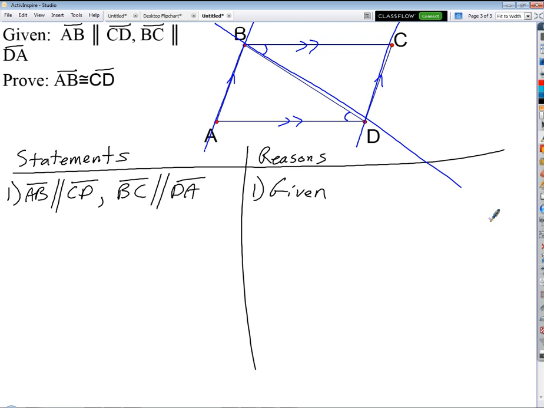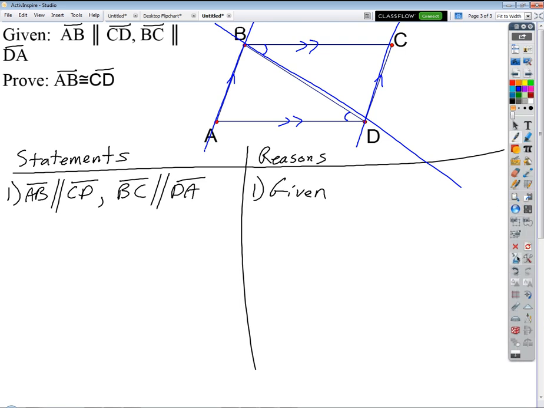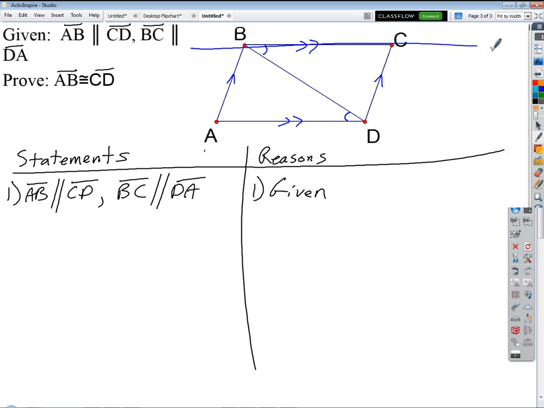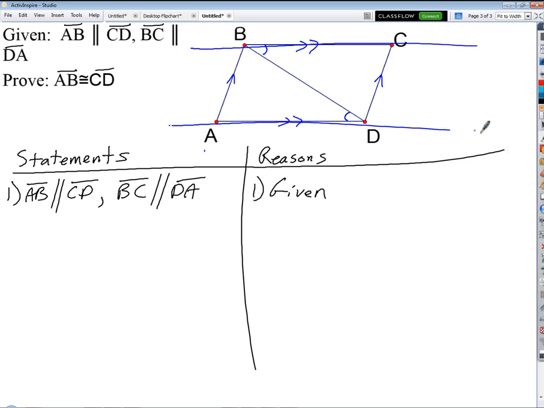Which lines would we use for those two? Top and bottom, right? Does that make sense? So let me go back a little bit. Those are congruent angles, but those are congruent angles based on this relationship, right? Those parallel lines cut by that transversal. Then those are alternate interiors. Agreed? Okay.